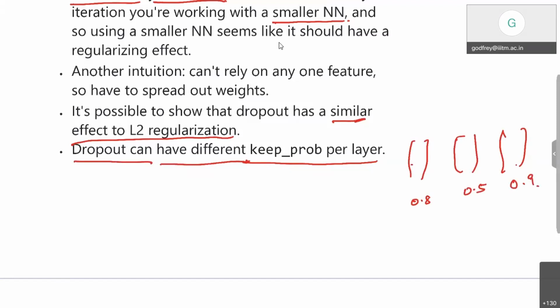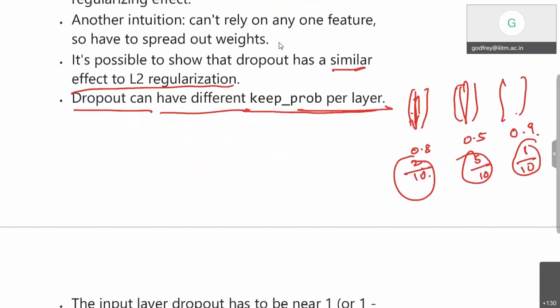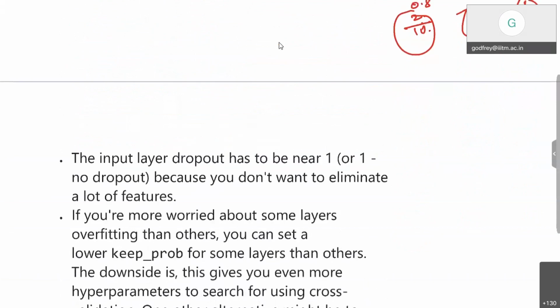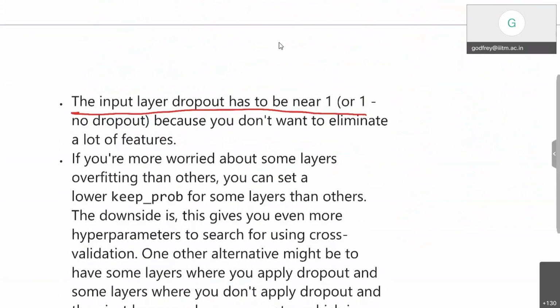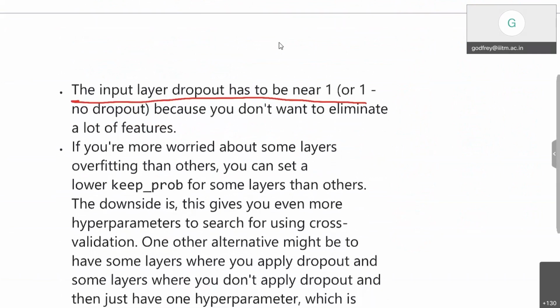So with respect to this layer, out of 10, there is a chance of 2 getting dropped. In this layer, out of 10, there is a chance of 5 getting dropped. But here, out of 10, 1 getting dropped. Typically, with respect to the input layer, they keep the keep_prob equal to 1 because they don't want to eliminate lots of the input.